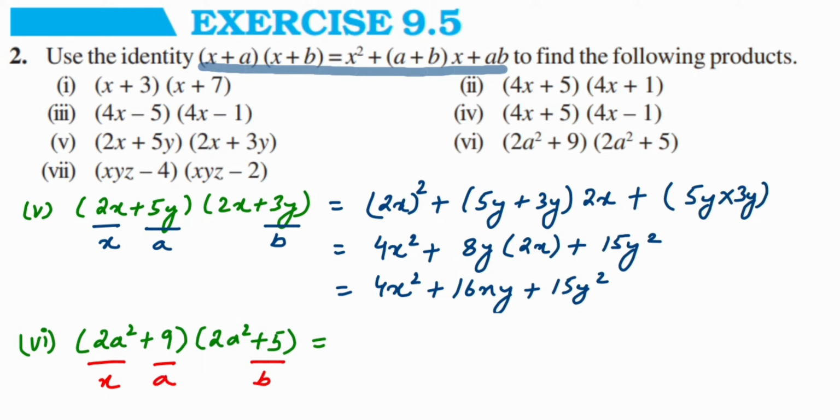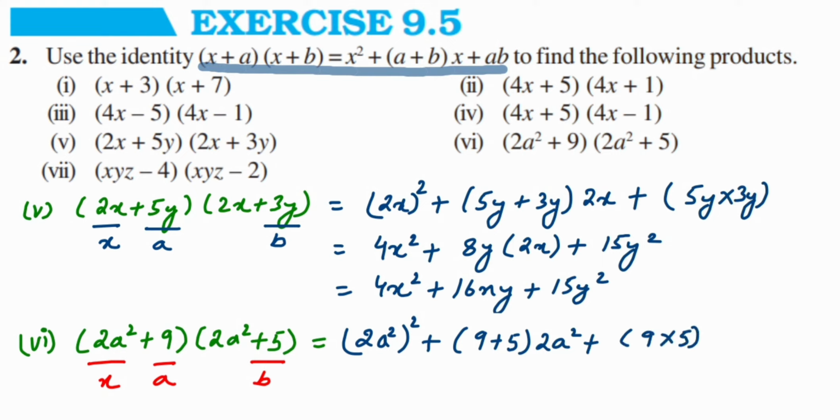Now we'll substitute this, so we'll get (2a²)². In place of x we have written 2a² and it's squared again, plus, now we'll add 9 and 5, so 9 plus 5 into 2a² plus 9 into 5.